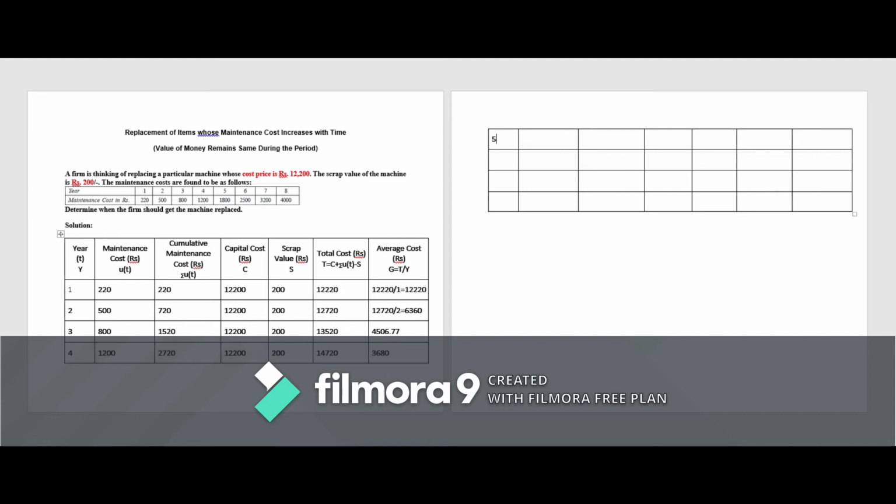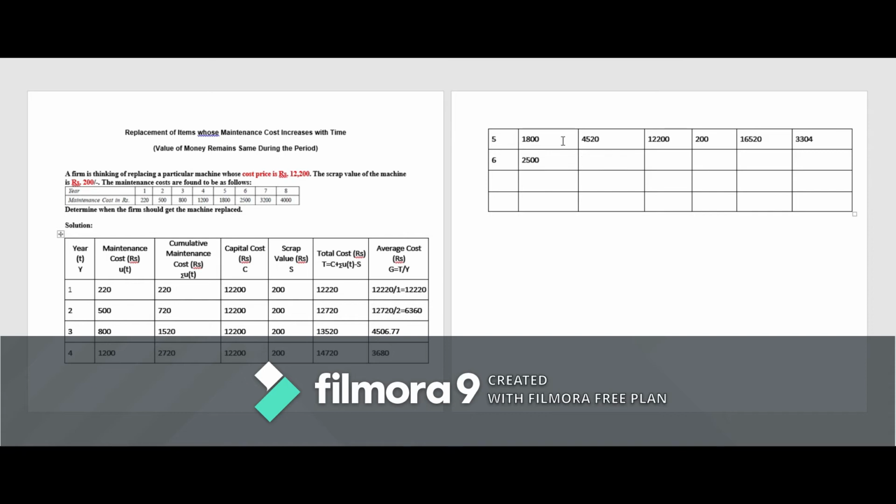For the fifth year, the maintenance cost is 1,800 and the cumulative maintenance cost equals 4,520, the capital cost is the same and the scrap value 200. The total cost is 16,520 and the average cost is 3,304. For the sixth year, the maintenance cost is 2,500 rupees.